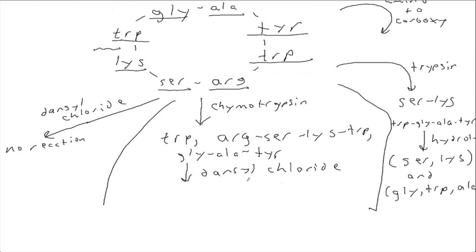Right. So what would happen when the Dansyl chloride reacts with this fragment? It would attach to the N-terminus of the arginine. So that would produce... and what happens when the Dansyl chloride reacts with this fragment? It will attach to the glycine.